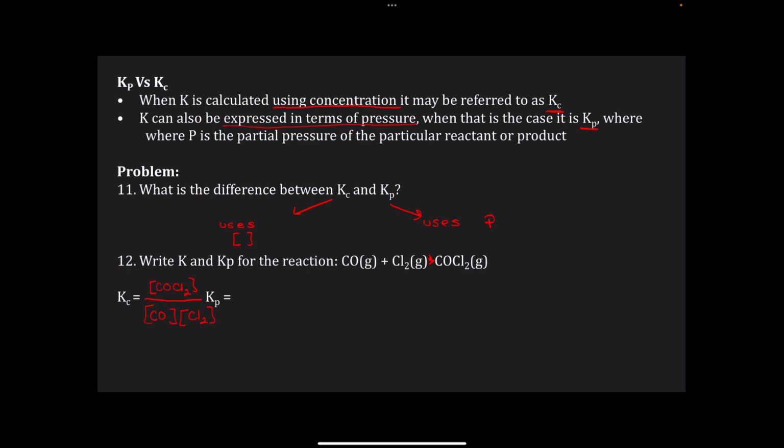Kp, again, the only difference is I'm going to use pressure. So it would be the partial pressure of my product raised to its coefficient divided by the pressures of each reactant raised to their coefficients. So again, set up the exact same way. The difference is one we would plug pressure in, the other one we would plug concentration into.